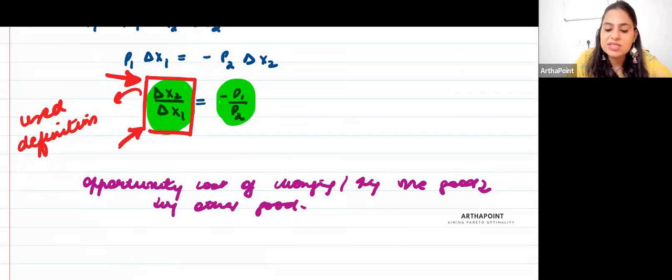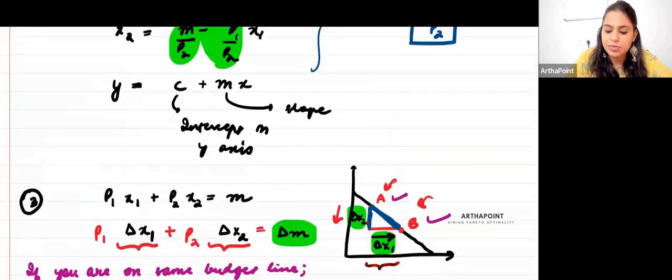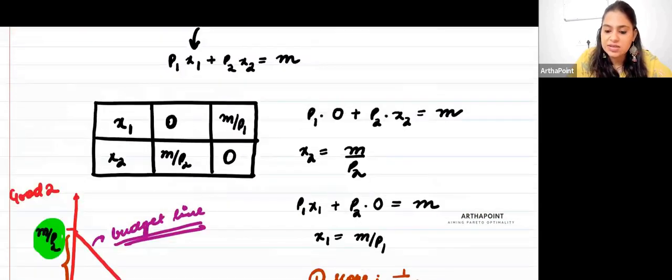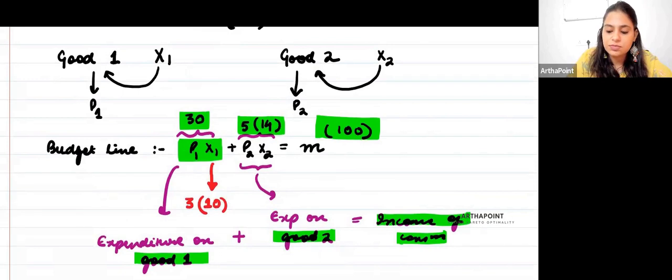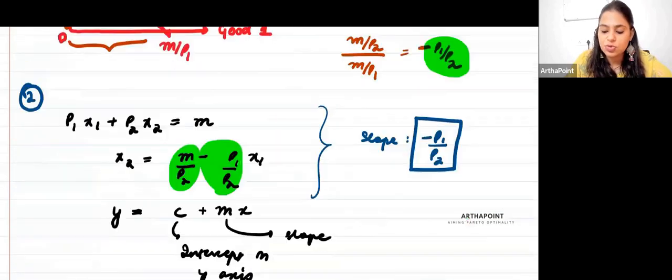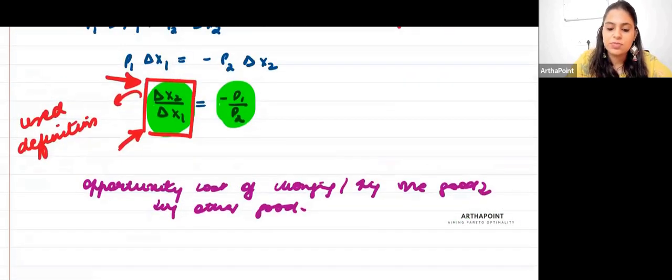So, let's say that in my example, the price that I had taken for good 1 was 3 rupees and good 2 was 5 rupees. So I can just put those values here and I will get it as minus 5/3.